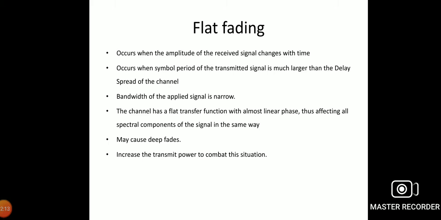The second category, frequency selective fading, is the opposite condition: the bandwidth of the signal is greater than the bandwidth of the channel, and the delay spread is greater than the symbol time period. The time dispersion generated due to multipath will make the transmitted signal undergo either frequency selective fading or flat fading.